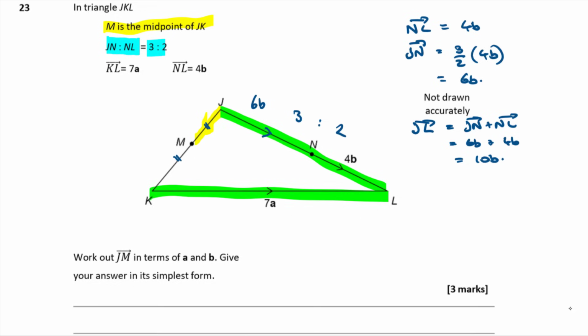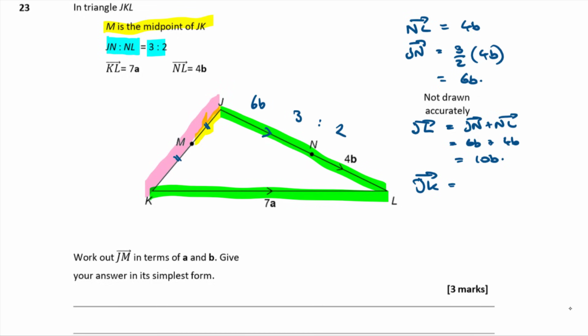I already know K to L is 7a. So then I can find an expression for J to K, so this distance all the way along here, well, going the other way actually. So what is the vector JK then? Going along places that I know. I can't go direct because I don't know anything about that line yet, but I know the other route.